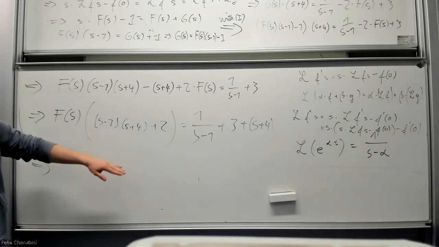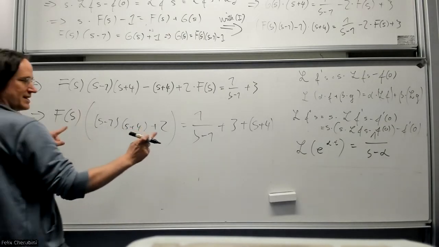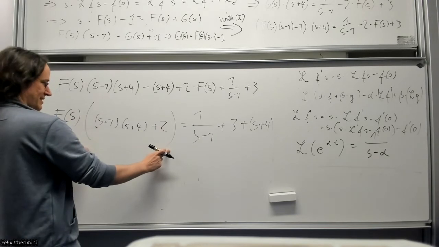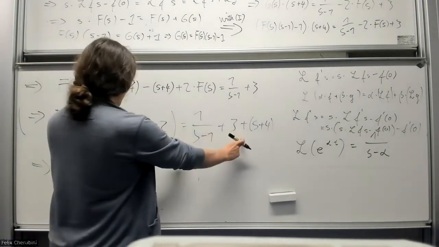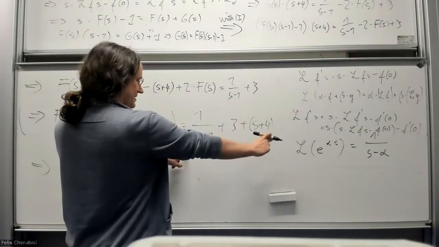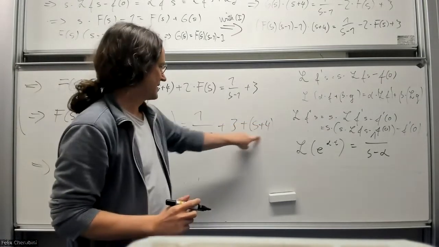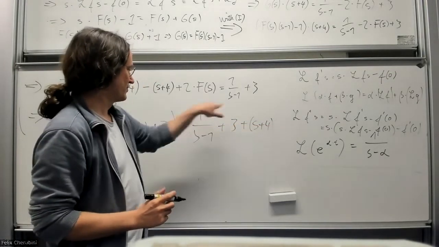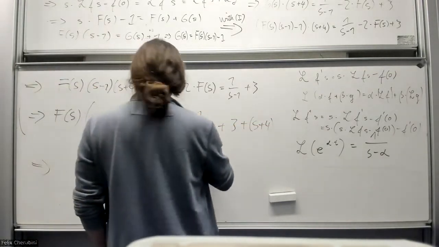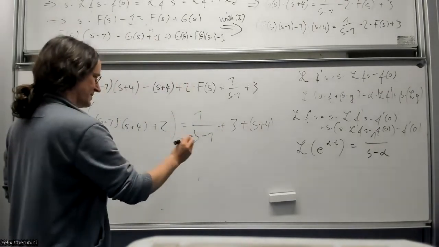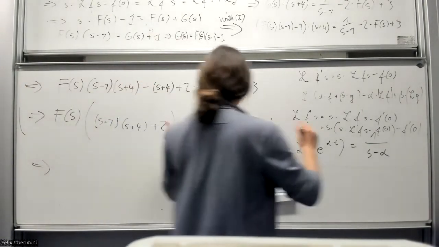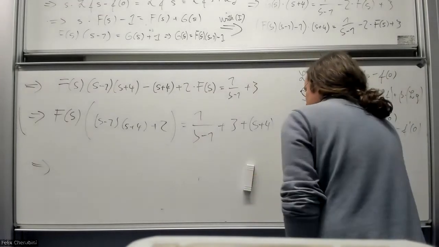Okay, so next step, we divide by this thing. And before that, we should probably clean up this stuff. Right, so we can calculate that and move it here. So maybe let's do this calculation on the side. What is it?